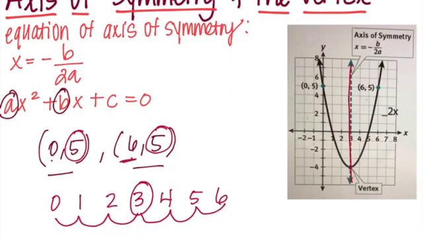So if I had another set of coordinates, say 3, comma 9, and 8, comma 9, then we would need to know what's in between those.